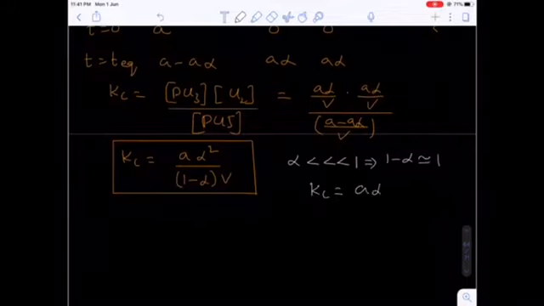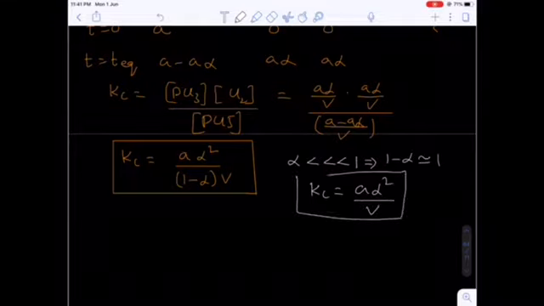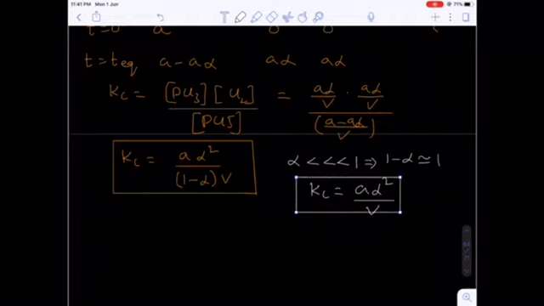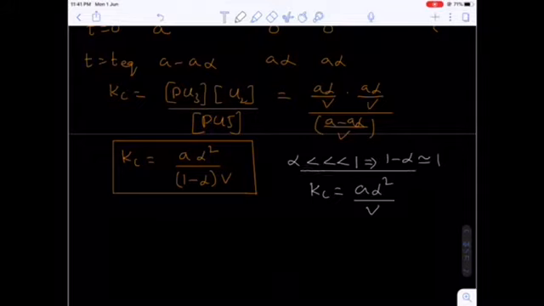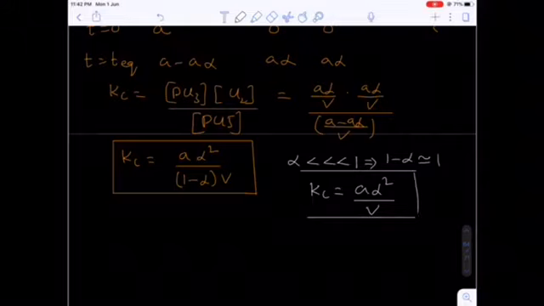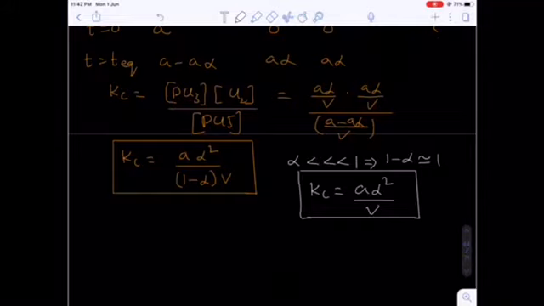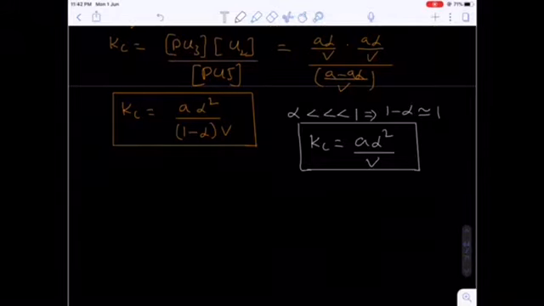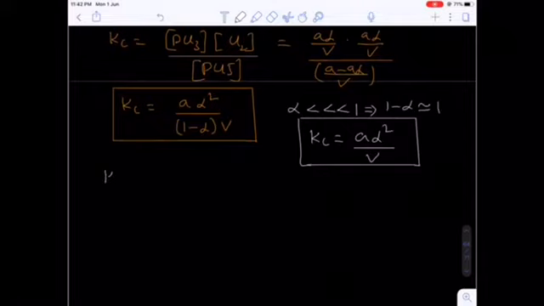So the Kc expression now changes to Kc is equal to a into alpha square whole divided by V. In this expression, if you observe, the equilibrium constant Kc is only dependent upon what? Temperature. We know from the last videos the dependence of equilibrium constant on temperature.